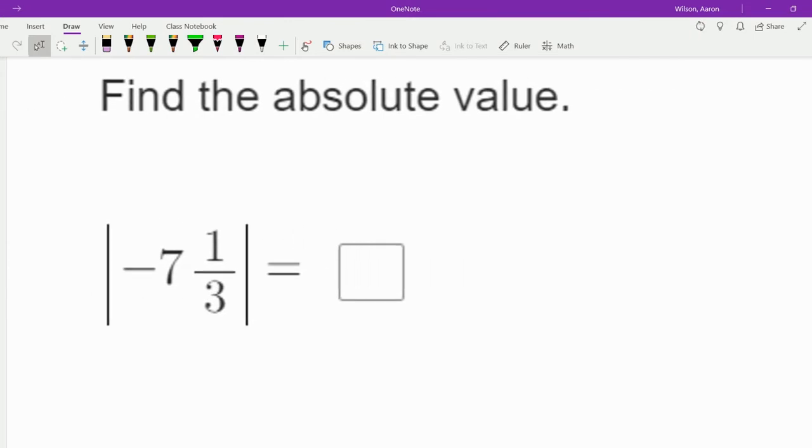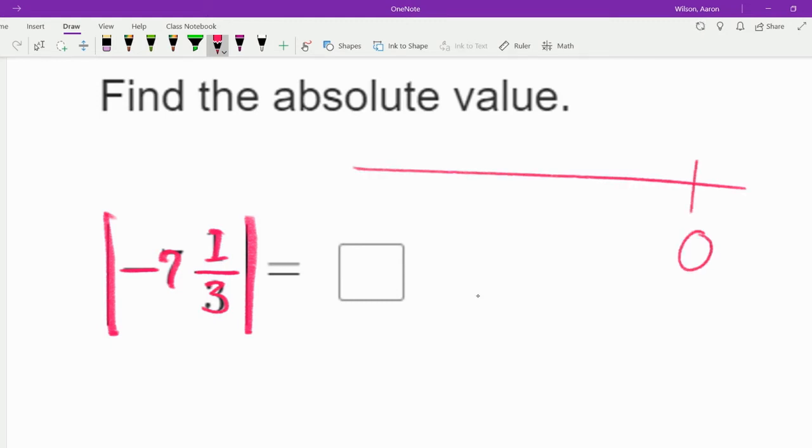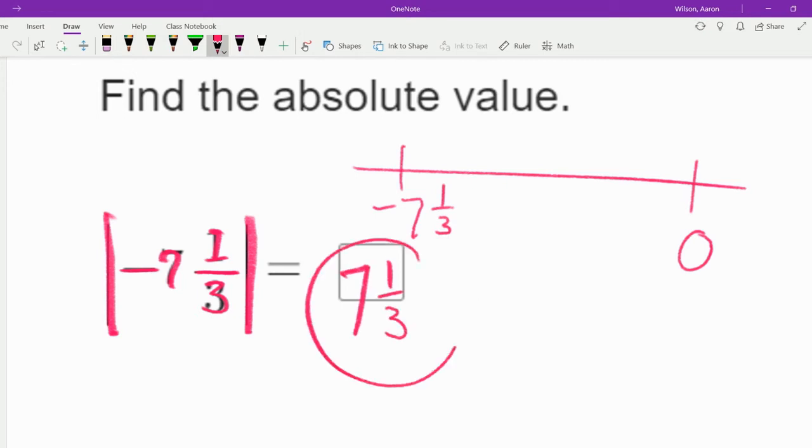How far away from 0 is -7 1/3? The way you picture this is the absolute value of -7 1/3. On a number line, you've got 0 here, and you'd have -7 1/3 to the left. How far away is that from 0? It's just 7 1/3. That's the answer.